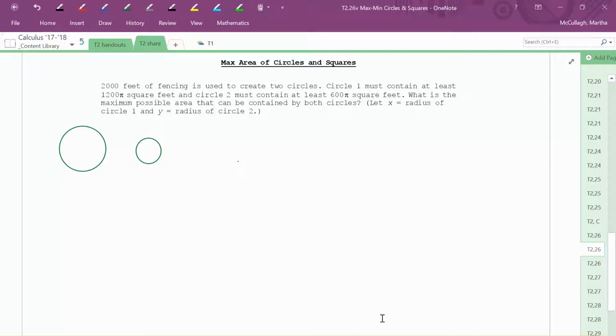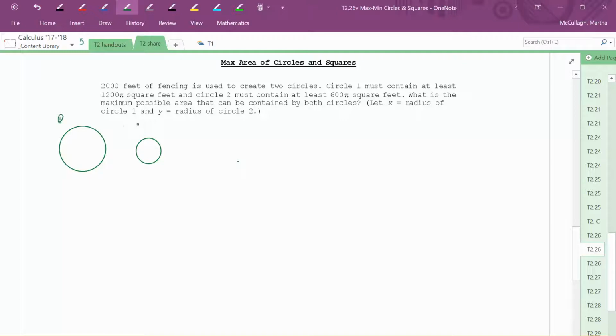So let's start with, we have 2,000 feet of fencing, and it's used to create two circular enclosures. Circle 1 must contain at least 1,200 pi square feet, and circle 2 must contain at least 600 pi square feet. So let's label this as circle number 1.